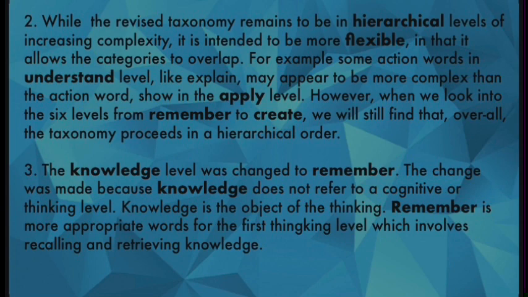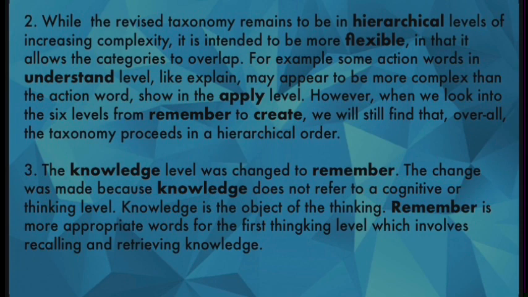Number 2 is overlapping categories. The revised taxonomy allows for more flexibility by allowing the categories to overlap. While the taxonomy still follows the hierarchical order of increasing complexity, there can be instances where the action words in a lower level may appear more complex than action words in a higher level.